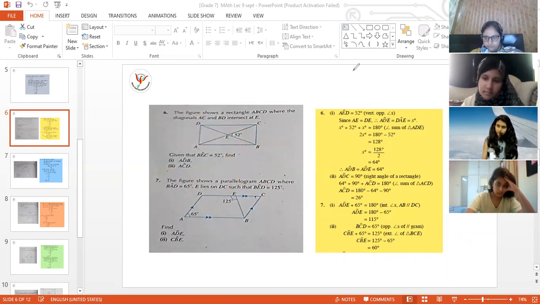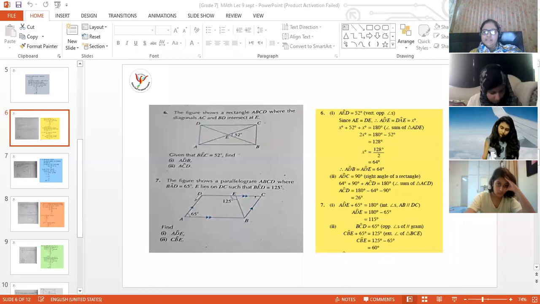Anyone? Okay, fine. Part number 7. The figure shows a parallelogram ABCD where angle BAD is equal to 65 degrees. Okay, first of all, the point is in a parallelogram, the opposite angles are equal.